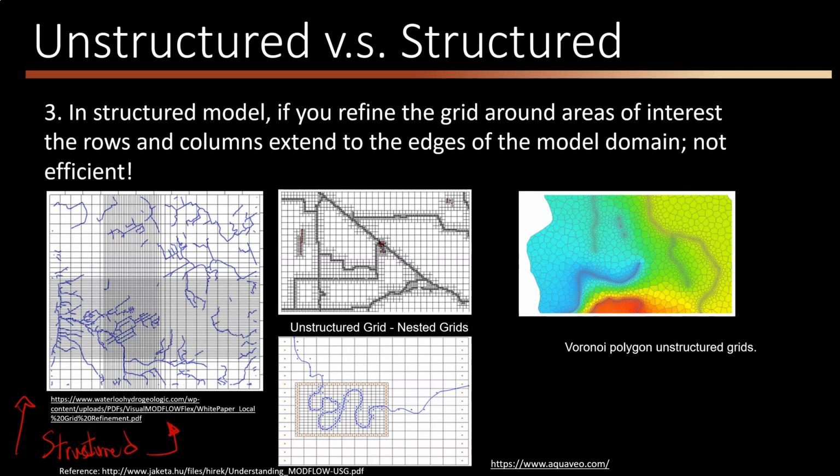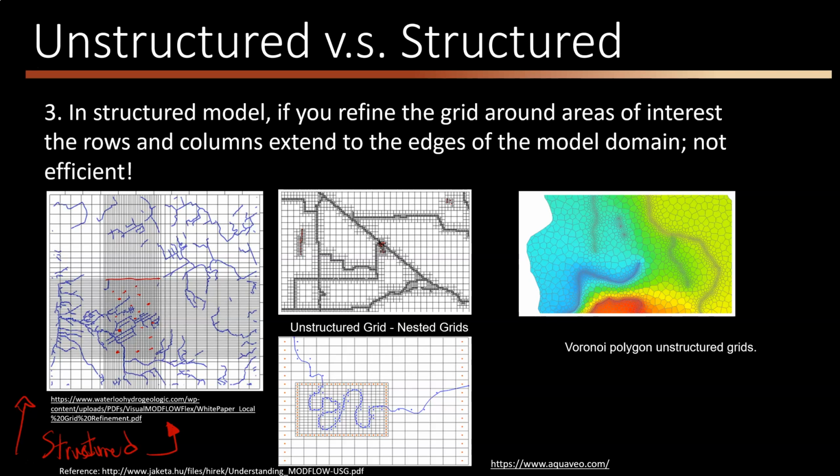Usually, if we don't have access to MODFLOW-USG or the packages which would help us to use an unstructured system, what we have to do is that, for example, if there are areas here where I want to have more accurate information and results, I have to increase the resolution here. But in the unstructured system, I can go and refine the cell sizes here.